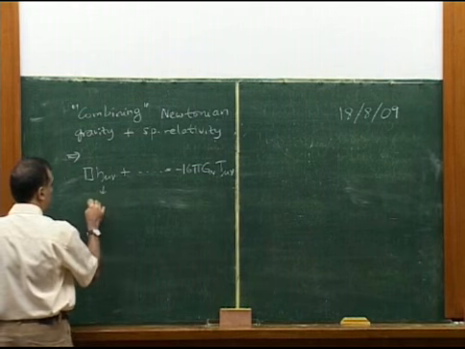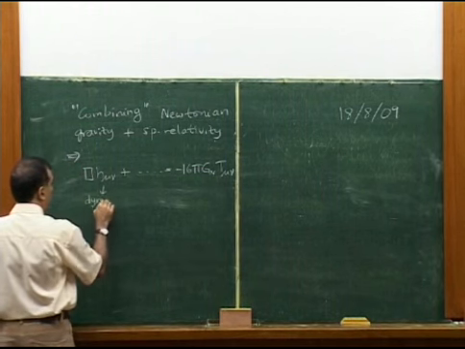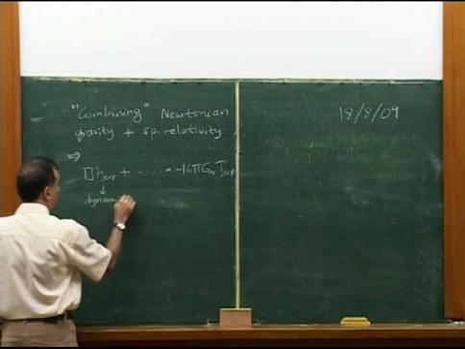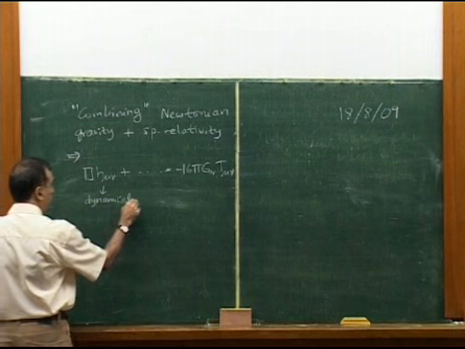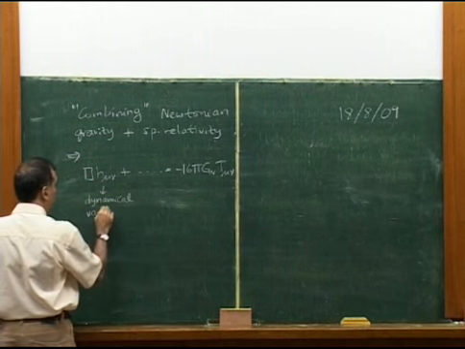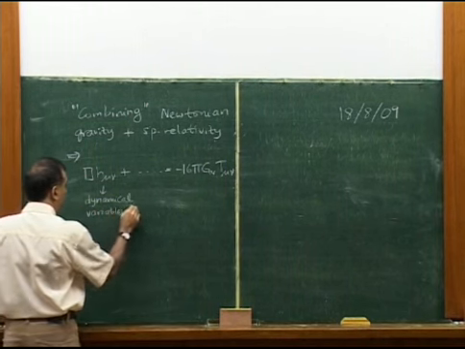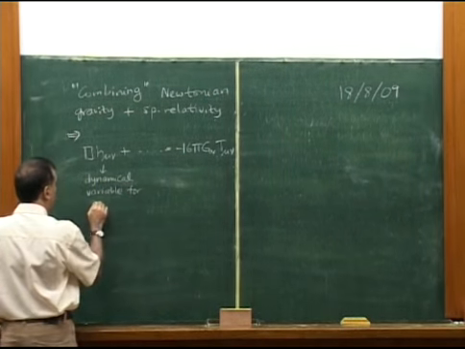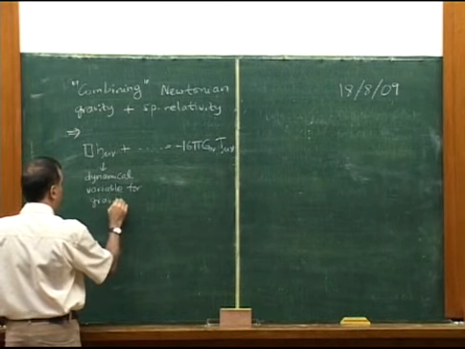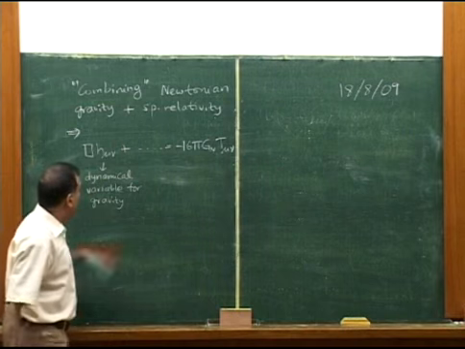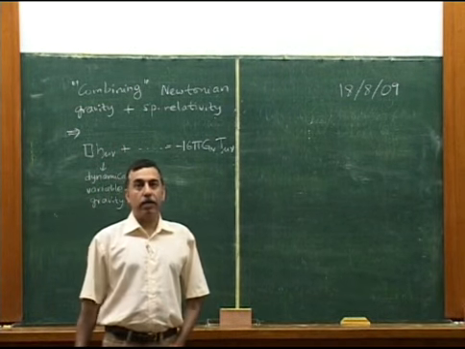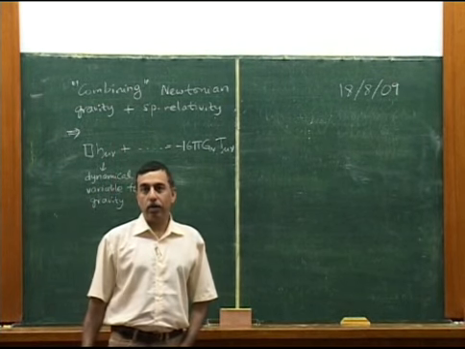So, according to our analysis, this should be the dynamical variable for gravity, rather than just the scalar function phi, which was the Newtonian potential.